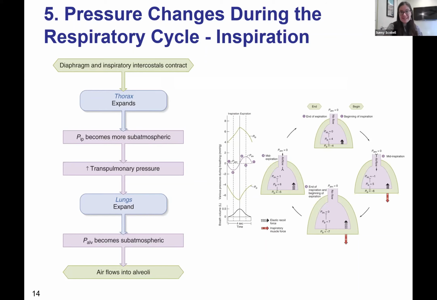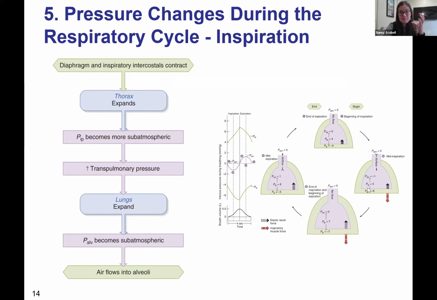You're making this cavity bigger. And so the fluid in there actually gets, the fluid molecules get further apart. The pressure inside the intrapulmonary space gets more negative. Because it's getting more negative, the difference across the lung wall actually gets bigger.